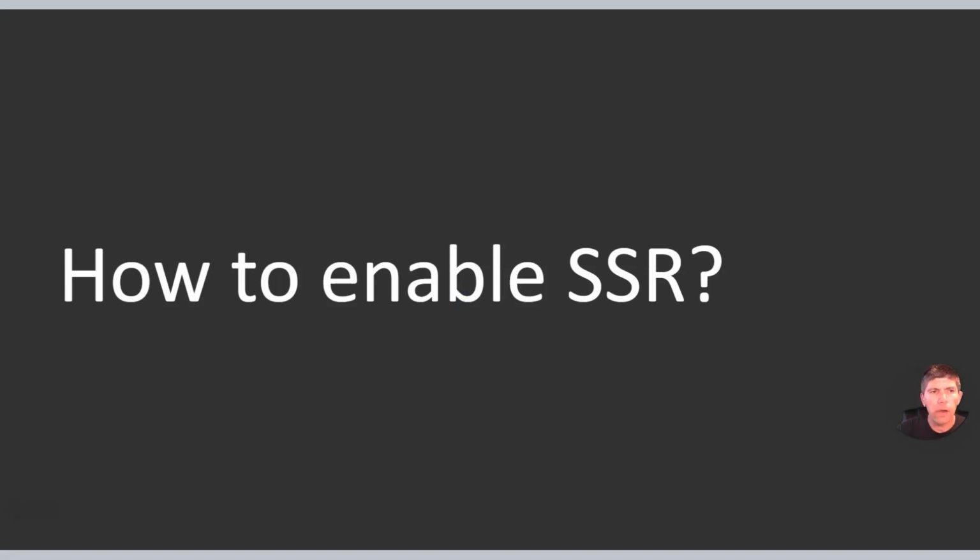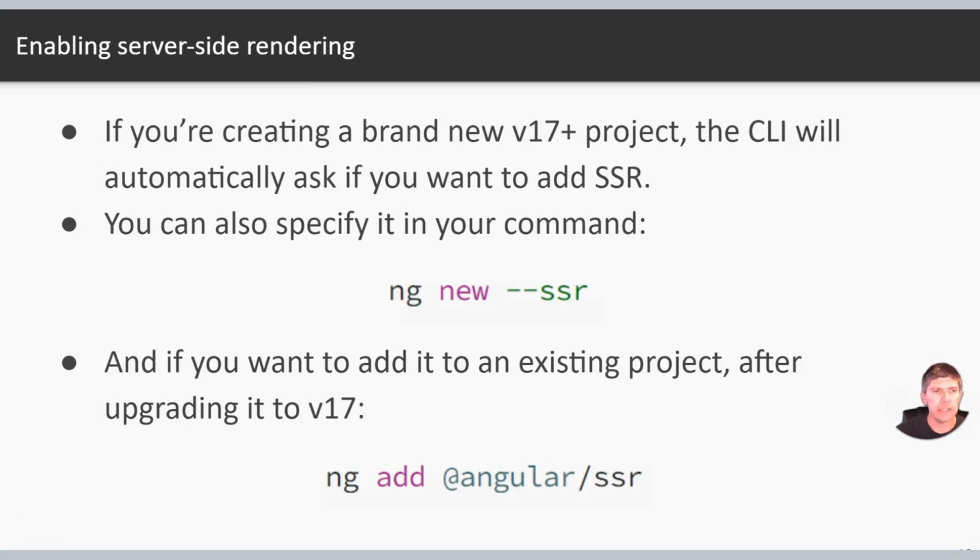So how do you enable server-side rendering? The great news is that it's been improved a lot over the last few versions of Angular, and now it is really easy to enable server-side rendering in your apps. For instance, if your project is already on v17 or v18, all you have to do is ng add @angular/ssr.